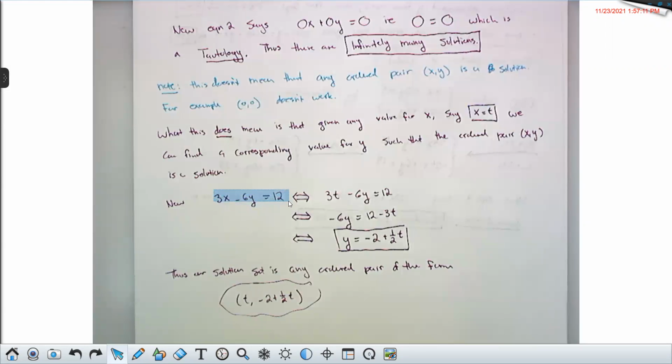And you could have done this with either of the original equations. I chose to use the 3x minus 6y equals 12. But you could have used the 4x minus 8y equals 16 because they're the same equation, just written differently. And in any case, you will end up here.